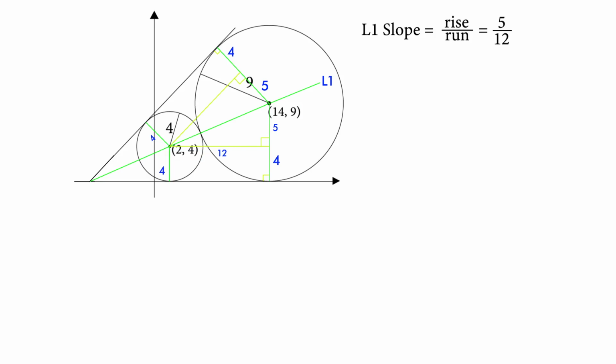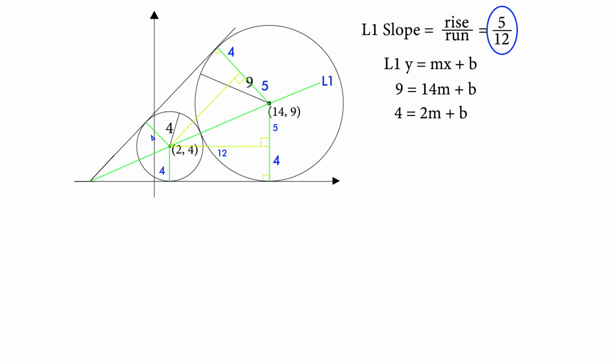Now that line L1, because it is a line, it has the form y = mx + b, as all lines do. And since I have 2 points, I can substitute those 2 points in to figure out what is the exact equation of this line. So let's use the first point, (14, 9). That would give me 9 = 14m + b. And if I substitute the second point, that would give me 4 = 2m + b. Okay?